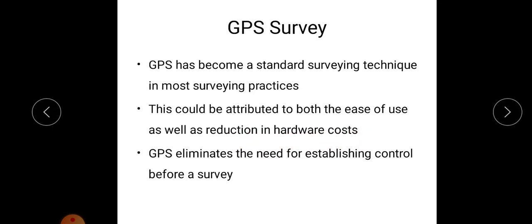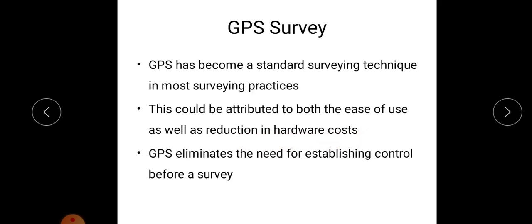You have also studied the total station. The total station is the start of this new technology, and in a total station you can download the output. It works under the principle of EDM, electronic distance measurement. In GPS also, if we calculate the location of any point, we can download the data, so here we are using software technology.